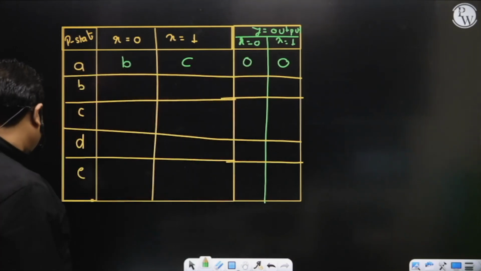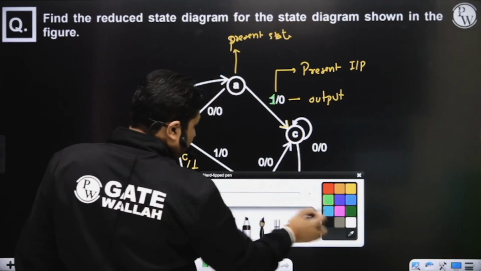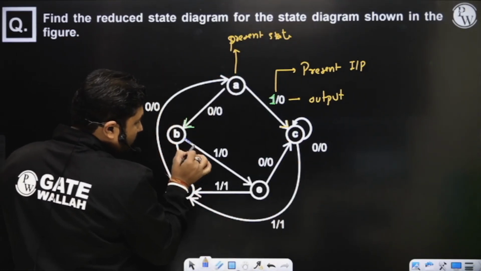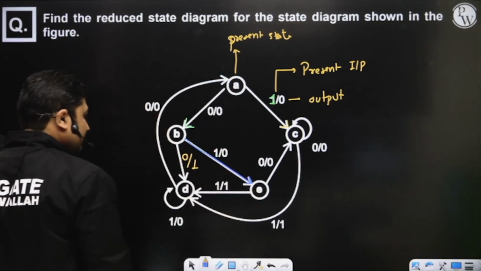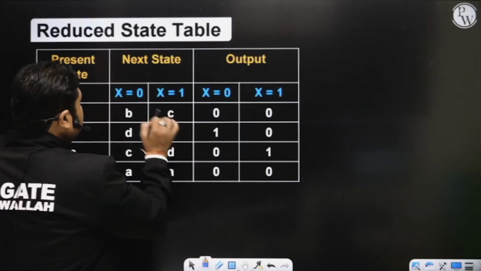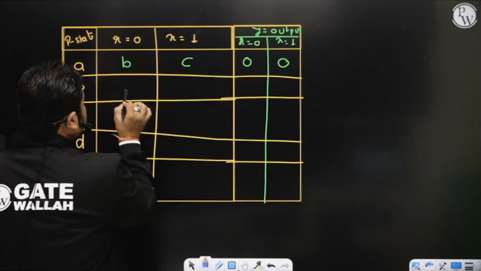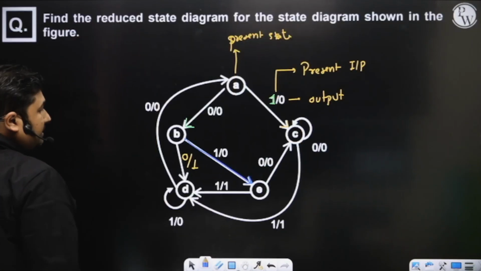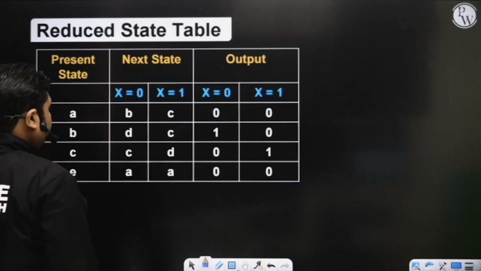Again observe present state B. With X equal to 1, next state E, output 0.